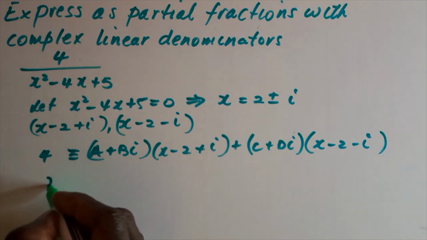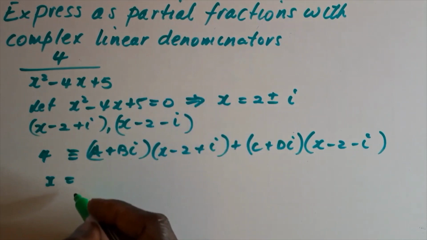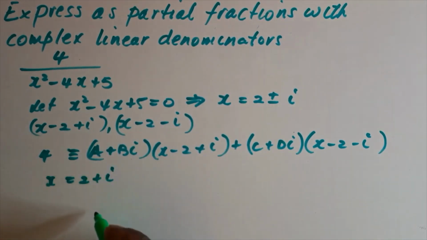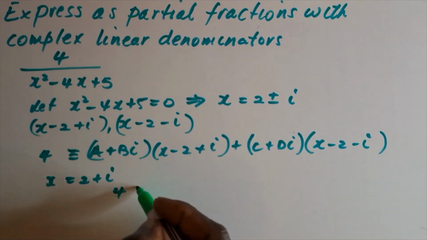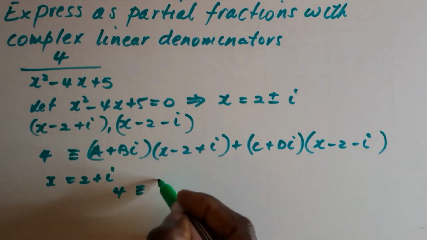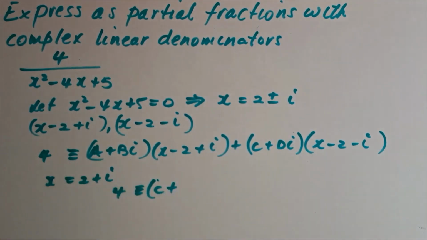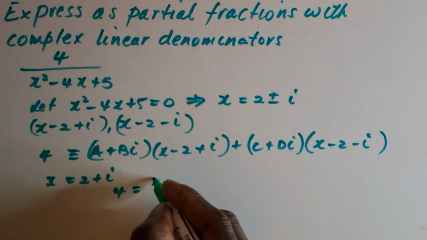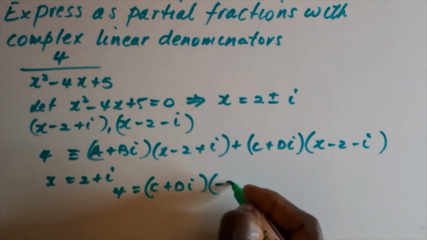So when we have x is equal to one of these options, so we'll take the positive, so 2 add i, then this becomes 4 equal to c add di, to minus 2i.